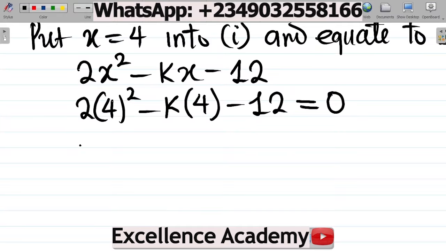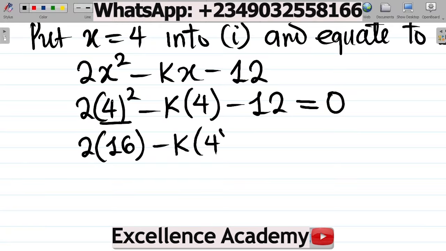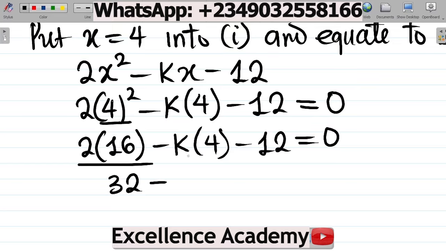Working on this gives you 2 into 4 squared is 16, minus k into 4, minus 12, equal to 0. Working on this, 2 times 16 is 32, minus k times 4 is 4k, minus 12, equal to 0.